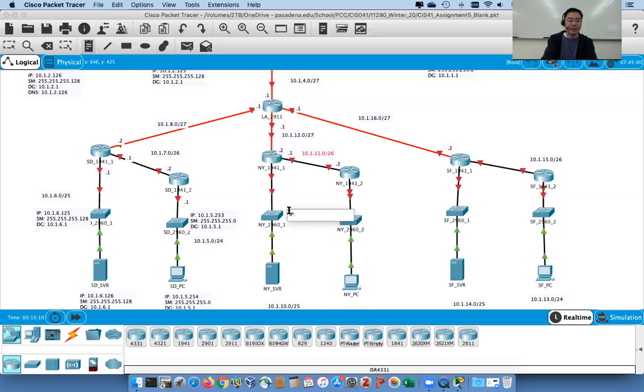Okay, IP 10.1.10. This is on the 10.1.10/25. The same thing.